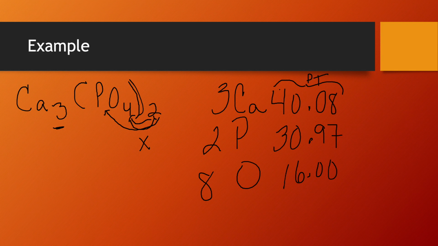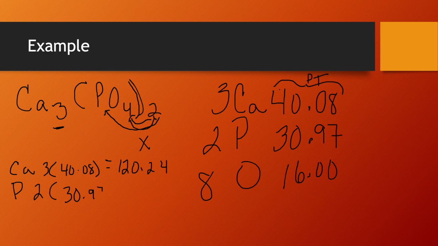When I multiply this, first for my calcium, 3 times the 40.08, that's going to give me 120.24. And then for phosphorus, that's 2 times the 30.97. That gives me 61.94.